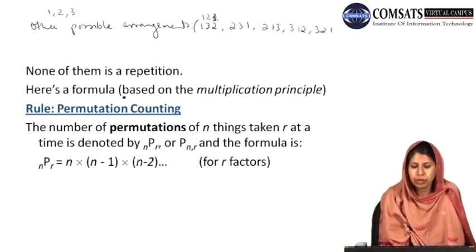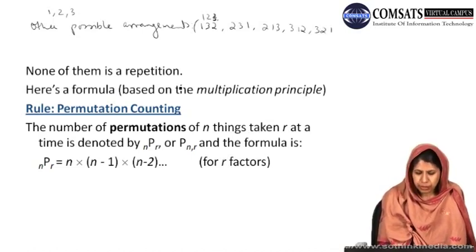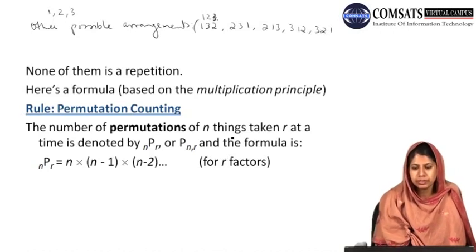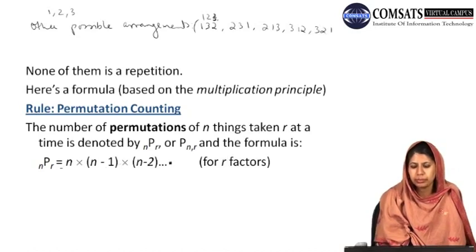So for this we have our formula, which is based on the multiplication principle, known as the permutation counting. This formula says that the number of permutations of n things taken r at a time is denoted by nPr, or simply P subscript n comma r, and the formula is nPr, which is the product of n into n minus 1 into n minus 2 and so on up to r factors.